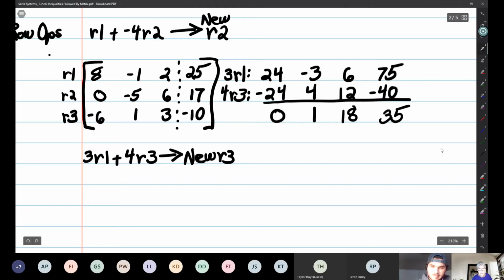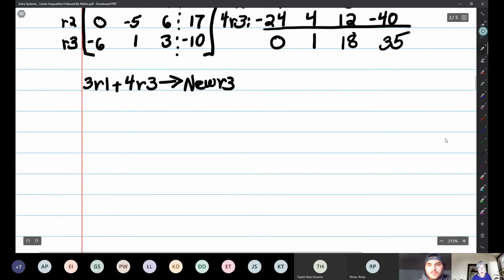And this is going to be my new row 3. It doesn't get more exciting than this. Row 1, row 2, row 3. We will now have a 0 and a 1 and an 18 and a 35.